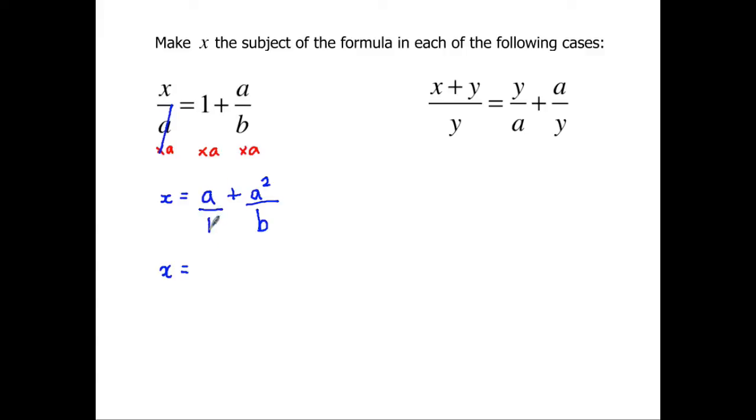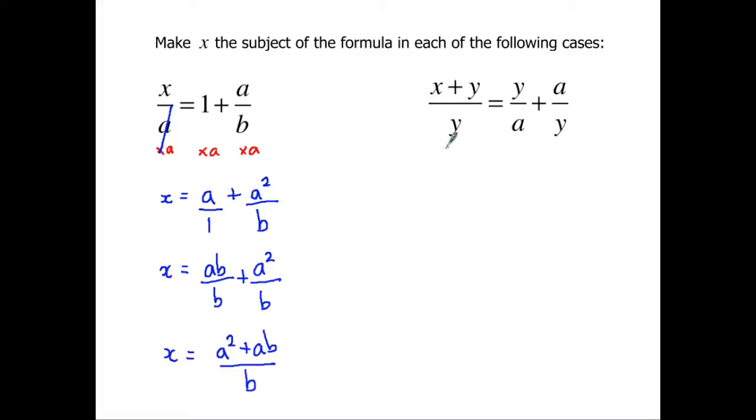So if I consider it as being a over 1, if I multiply the top and bottom of that by b, I'd have ab over b plus a squared over b. So when I tidy that up into a single fraction, I just get a squared plus ab over b, which looks a lot better than it did a minute ago.